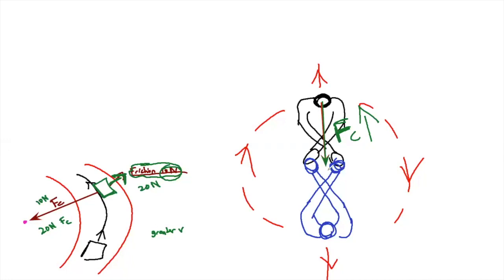In this scenario, can anyone tell me what is providing the centripetal force? We know that friction is providing the centripetal force. Friction is the centripetal force. Now, my question for you guys is, what is my centripetal force in this case? What do you think?